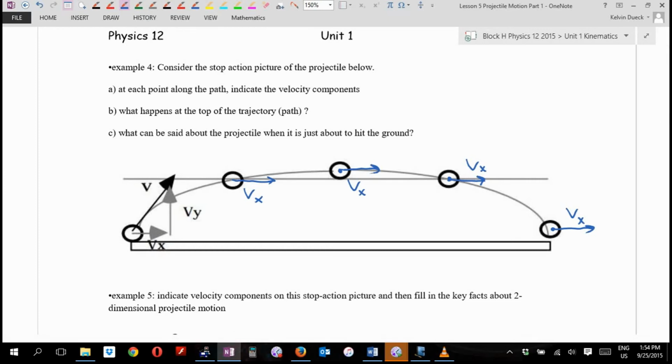Which one does change? The vertical component. So looking at this second strobe right there, do you think the vertical component of the velocity would be bigger, smaller, or the same?